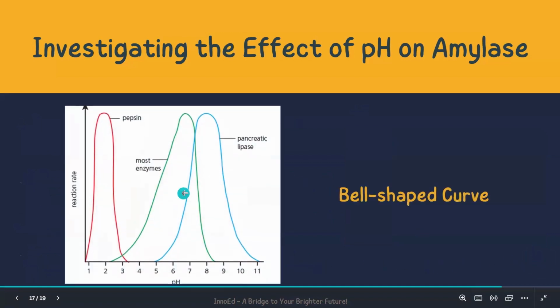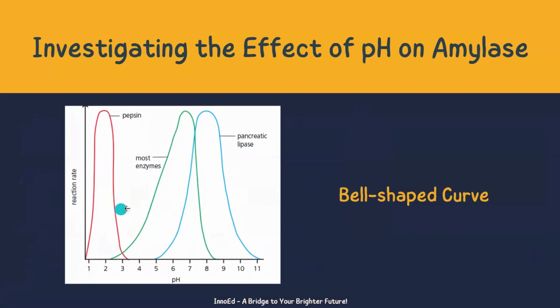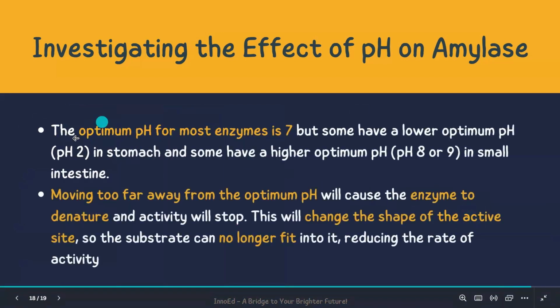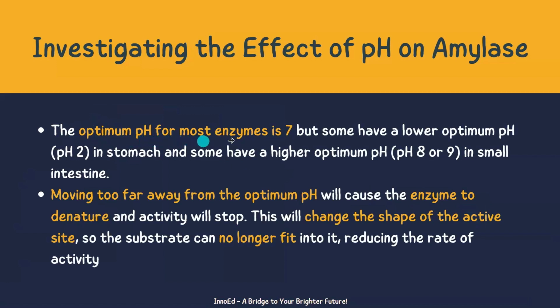So the results are plotted, and you will get a bell-shaped curve. The optimum pH for most enzymes is 7, but some have a lower optimum pH, which is usually pH 2 in the stomach, and some have a higher optimum pH, pH 8 or 9 in the small intestine.